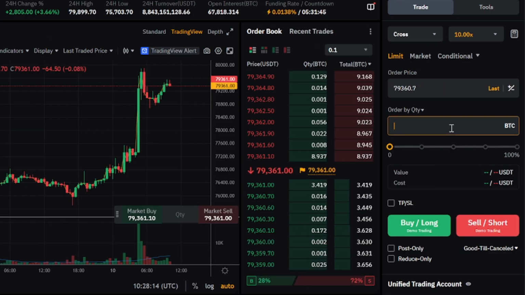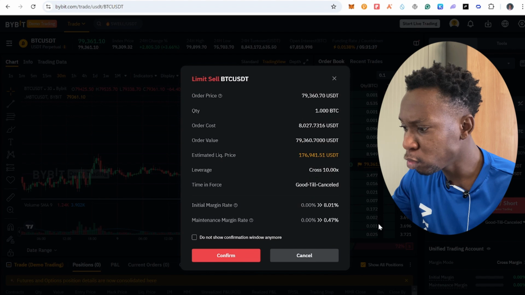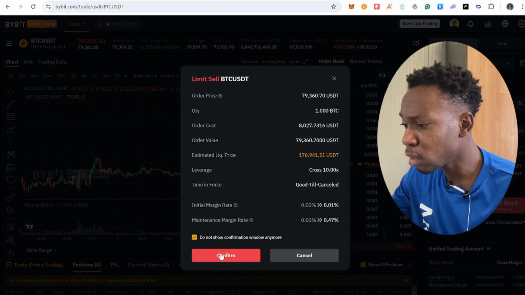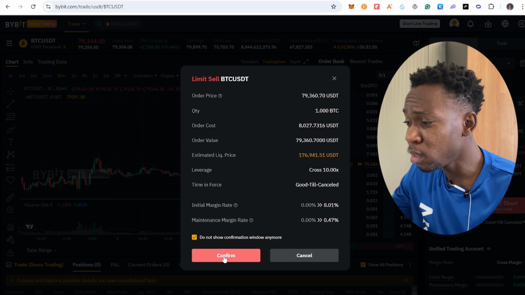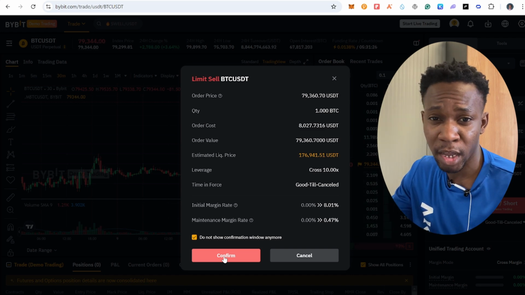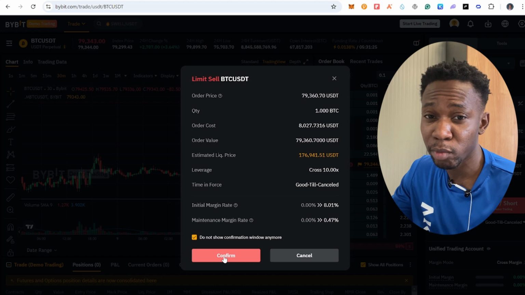You just need to come over here and press one BTC and press short. Once you press short, it's going to give you an insight into how it's going to look if you were using real money to trade.